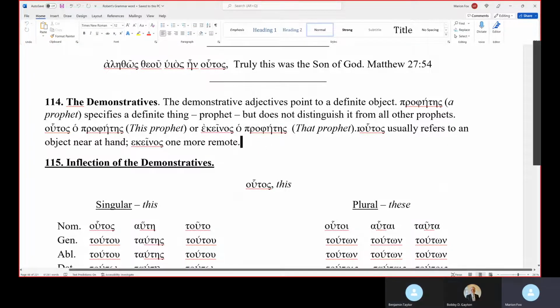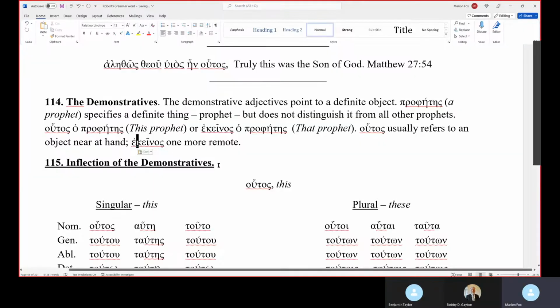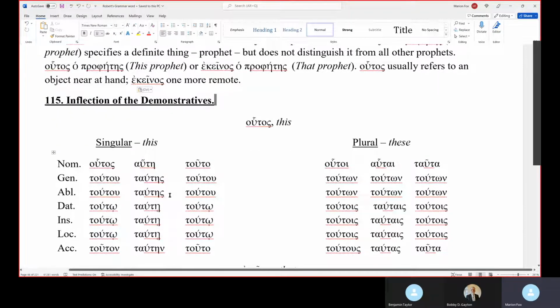Hutos usually refers to an object near at hand. Ekeinos, there should be a smooth breathing on that. I'll put it down there for right now. Corrected it. Ekeinos is one more remote. All right? Any question? Now, they do have gender and case. That's where they differ from English.